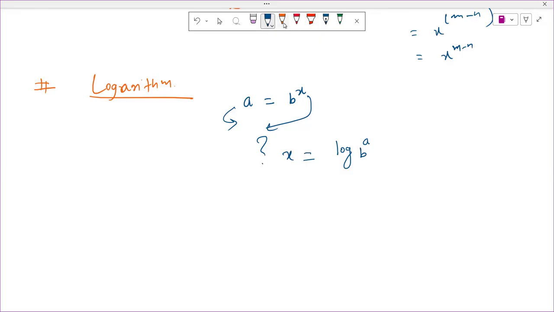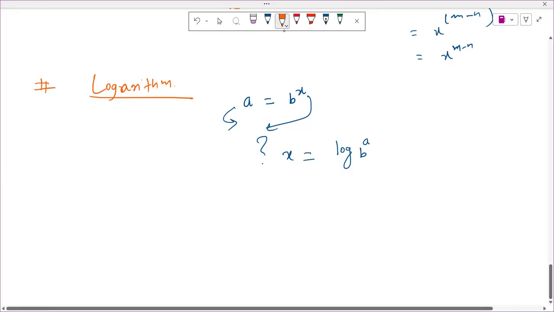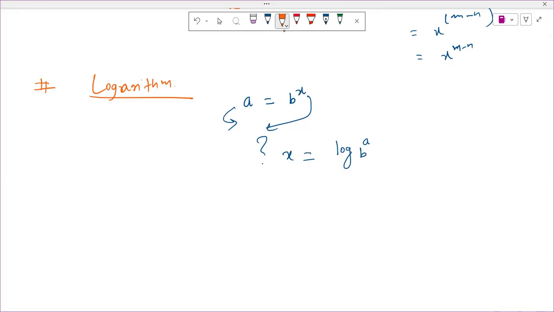So what exactly is this saying? The a here is called the argument, and this b is called the base.